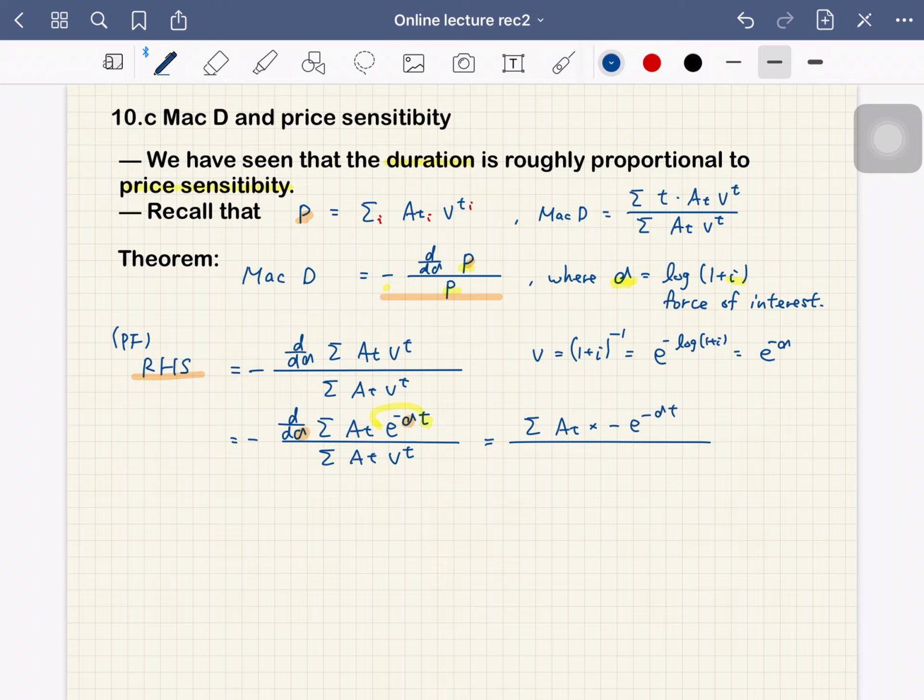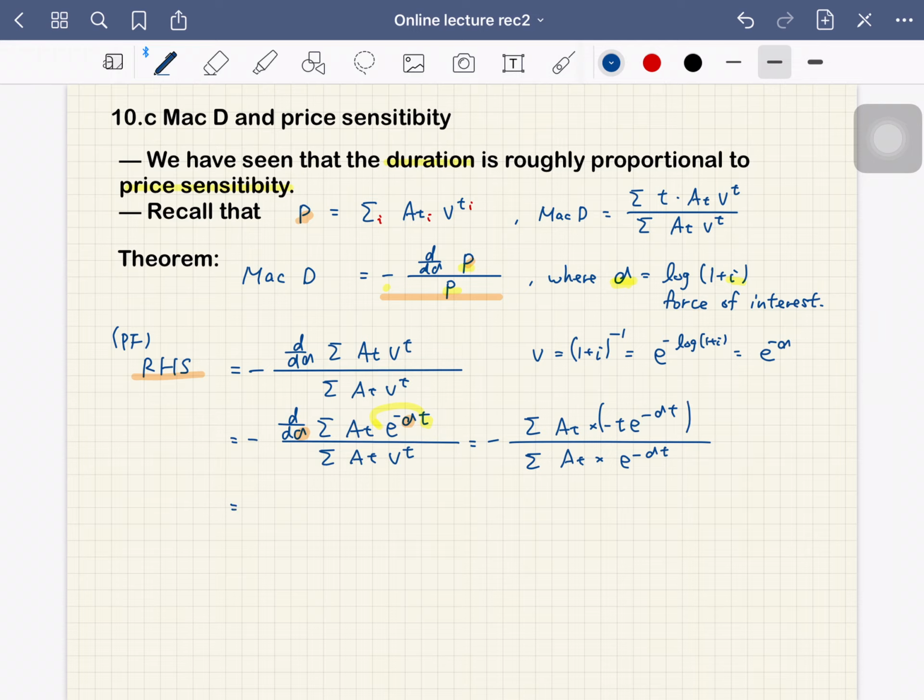Then we still have the negative sign here. Then the denominator is just a sub t times v to the t, but we rewrite v to the t as e to the power negative delta t. Oh, sorry, we have negative t here.